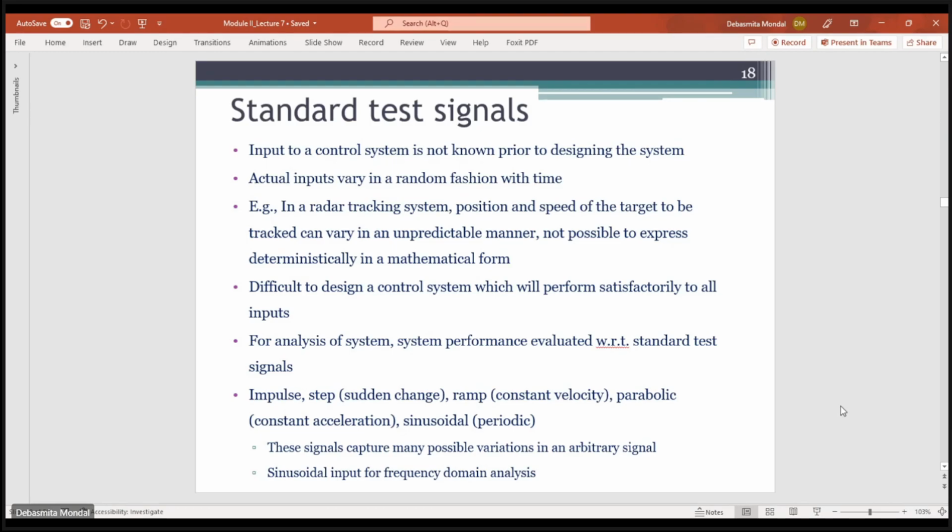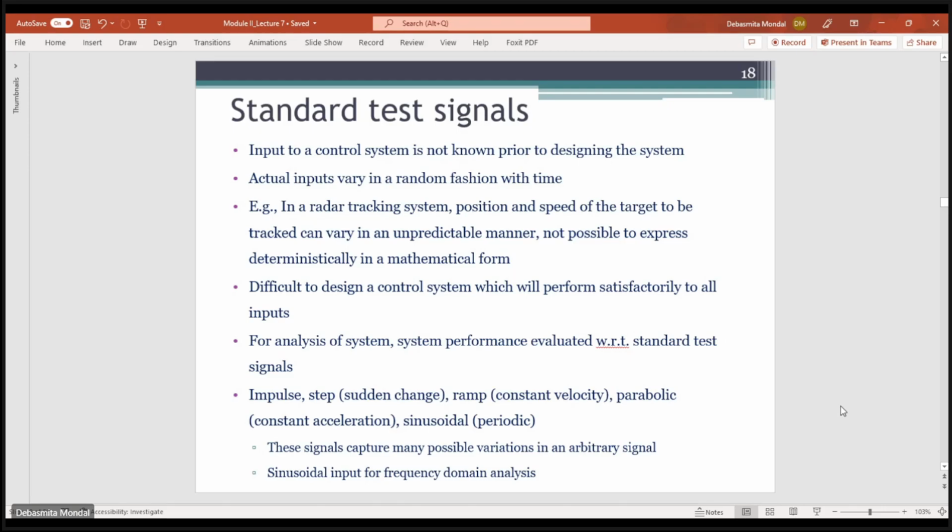There are multiple test signals which are generally used to evaluate the performance of a control system. One is the impulse. Then you have a step signal, which denotes a sudden change in input.